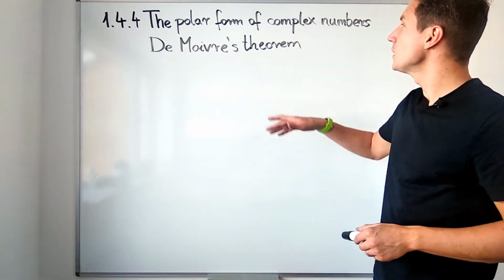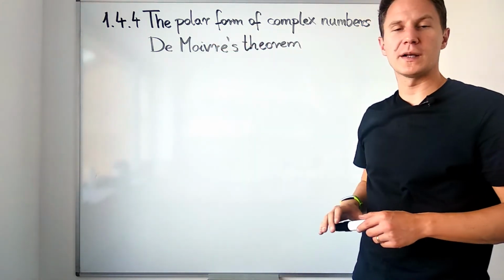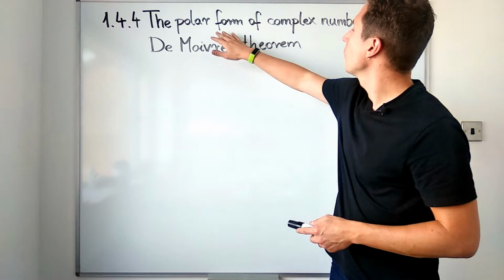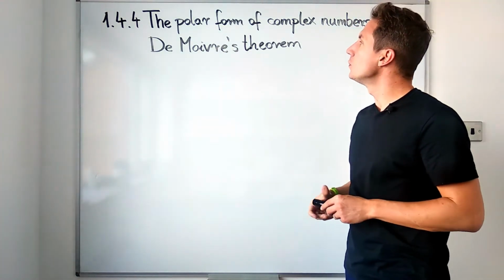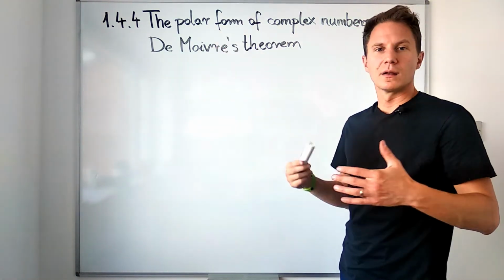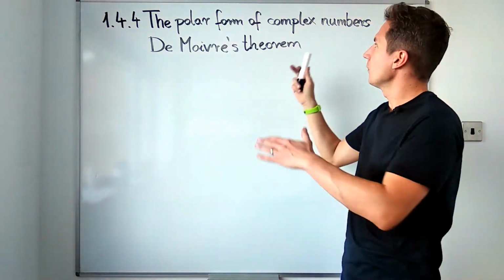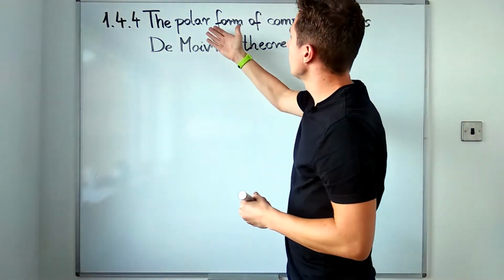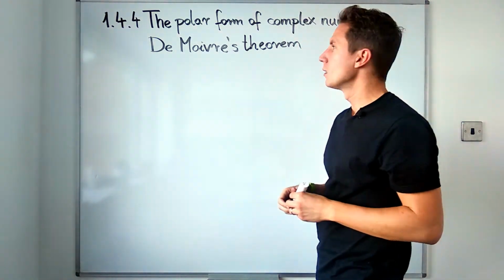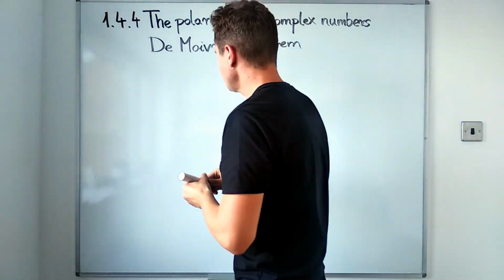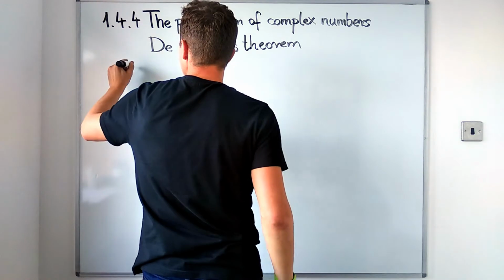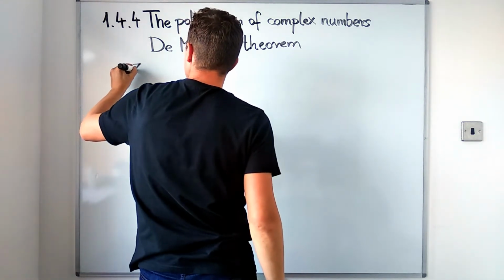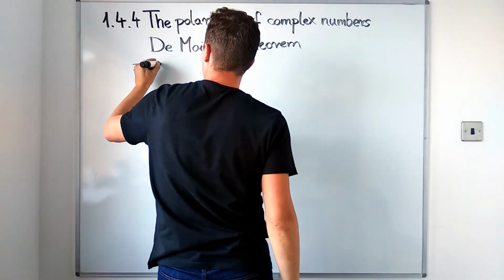I'd like us to continue studying the polar form of complex numbers, which has already proved useful in visualizing an otherwise algebraic construction by giving it some geometric meaning. What I'd like us to do is to consider two complex numbers in their polar form.